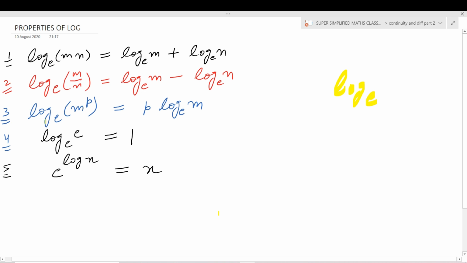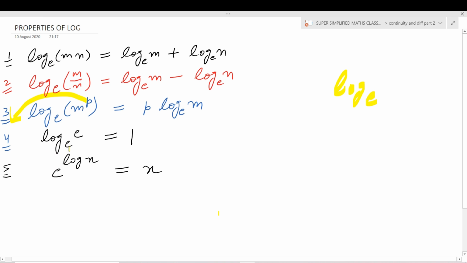Third property, log to the base e of m raised to the power p. When you have any number in the power, it becomes a multiple. This p becomes a multiple and comes in front using the property of log. So this becomes p log to the base e of m.